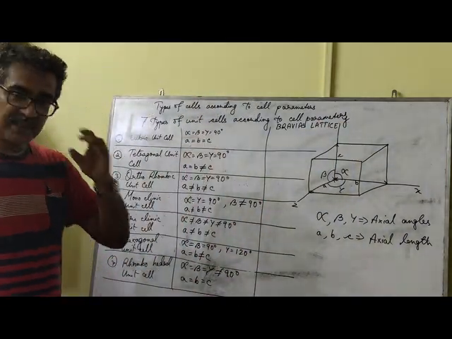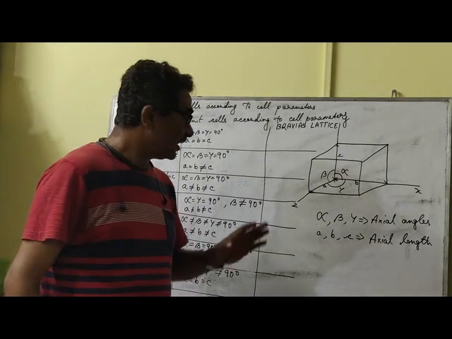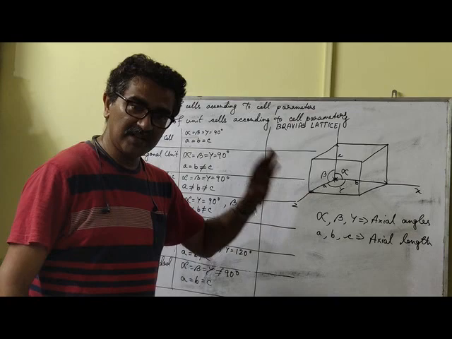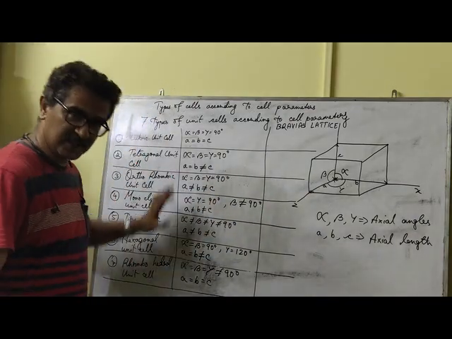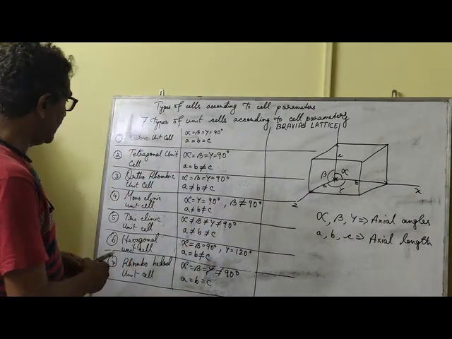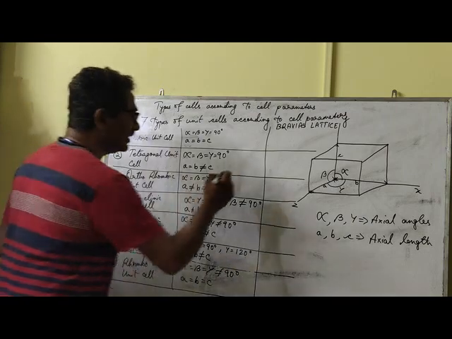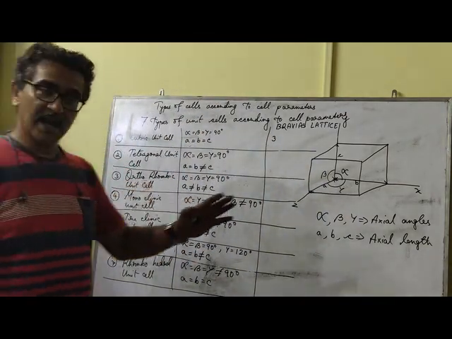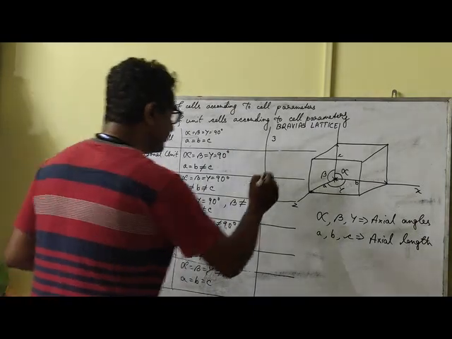So let's start with this. We are going to see what are the different possibilities or what are the different types of arrangement we have for each of these unit cells. So for cubic unit cell, we have 3 different variants. And what were the 3 different variants we have?